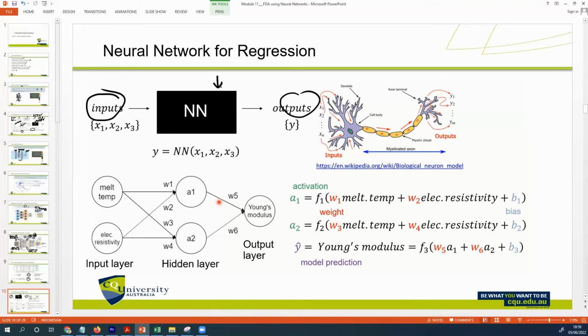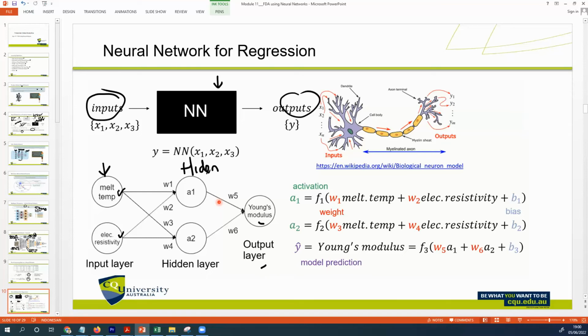Let's say we have the data input here: melt temperature and electric resistivity. Then this is the hidden layer, to calculate the modulus, the output layer.